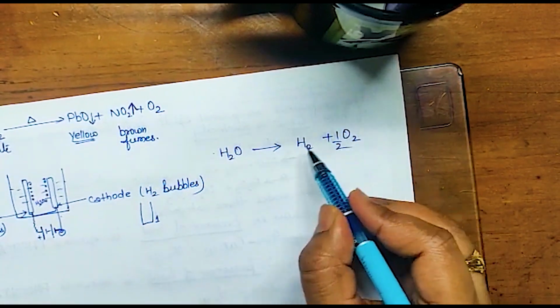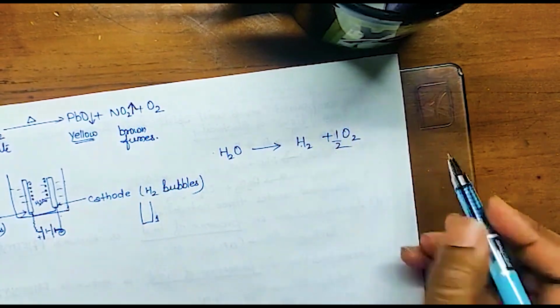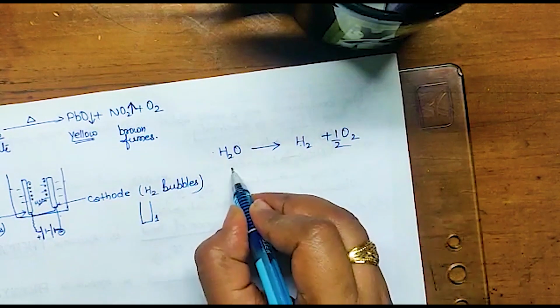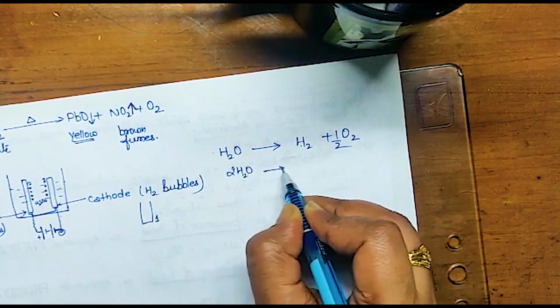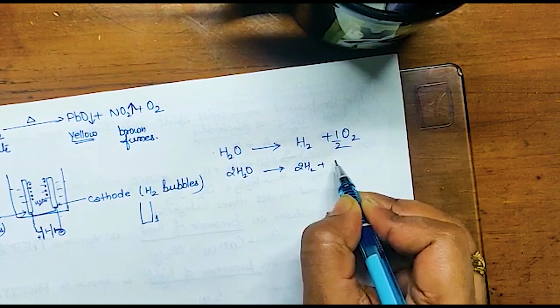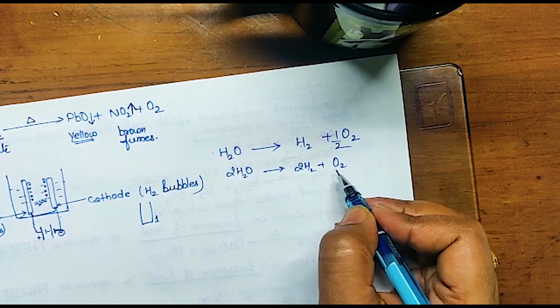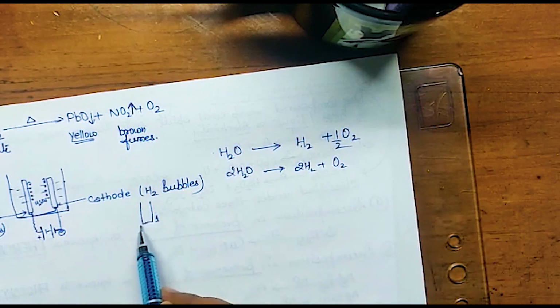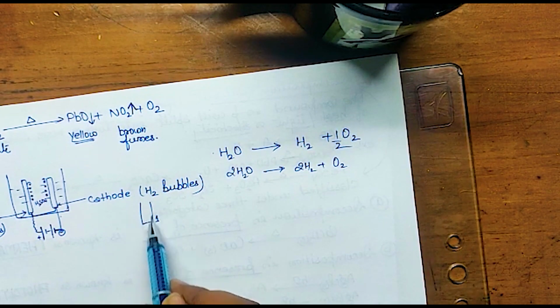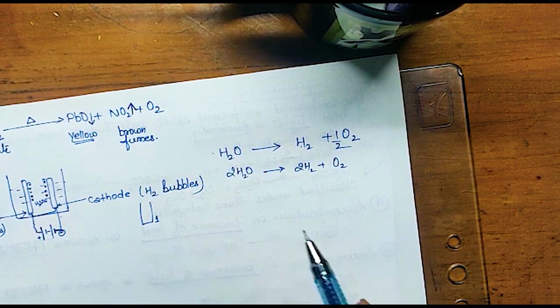H2 has double the volume of the oxygen, isn't it? If you balance it, you will see this is 2H2 and O2, isn't it? So hydrogen is double the oxygen. So that means the volume of tube 1 will be more than the volume of tube 2.